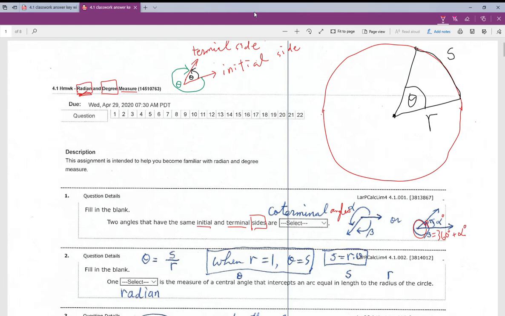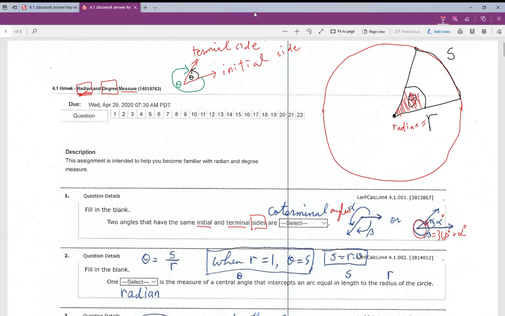Pay attention to this big circle. I have an angle here. Pretend the radius of the circle is r. The radian is r.